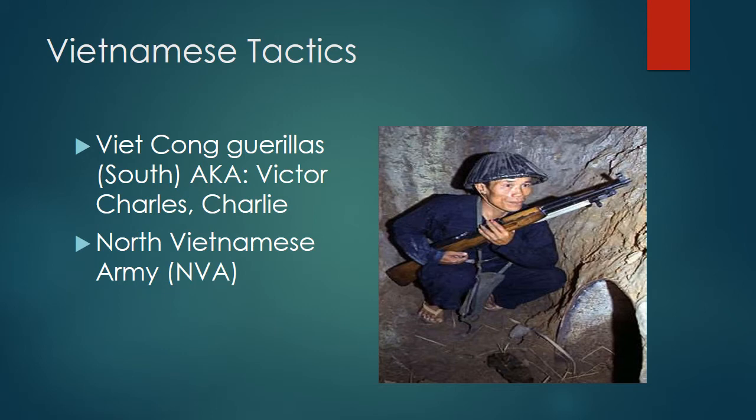Now we will talk about the Vietnamese tactics that were employed in this war. The Viet Cong came up with guerrilla tactics, and they were fighting against the South Vietnam forces along with the American troops that were helping South Vietnam.